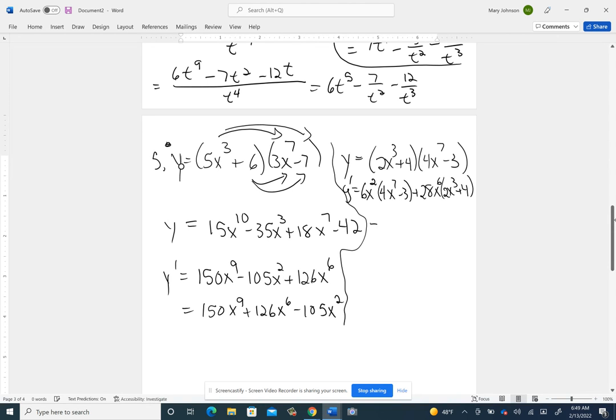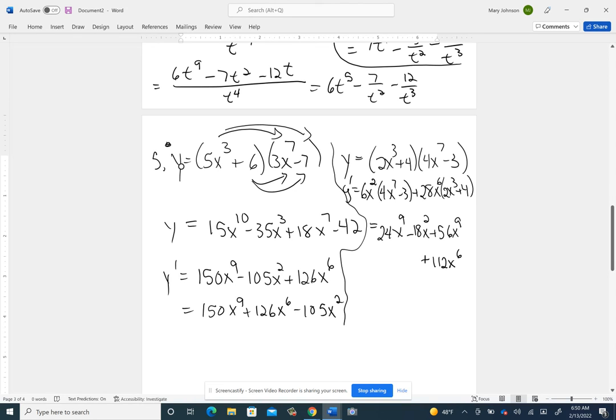And then just having to simplify by distributing the 6x squared, which would be 24x to the 9th minus 18x squared. And then I'd have plus 56x to the 9th. And then one more term I'm going to bring down on this next level, plus 4 times 28. So what is that?